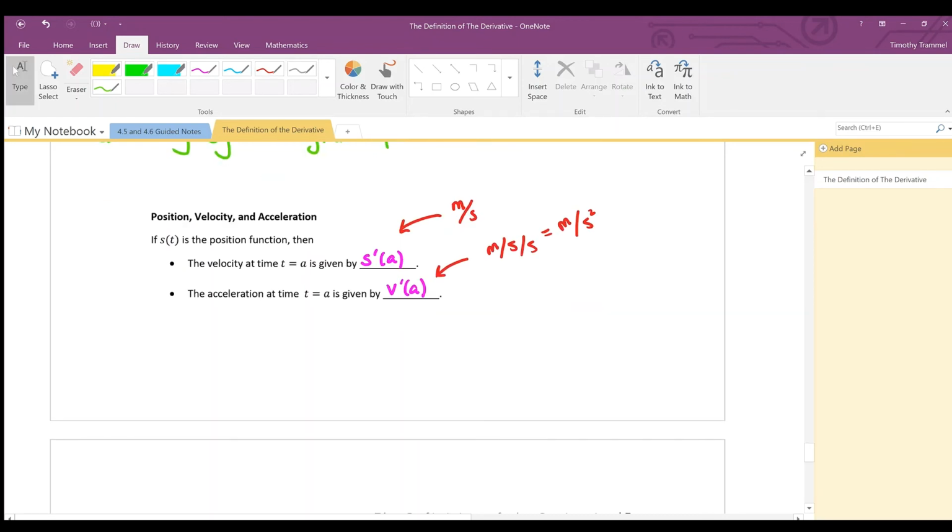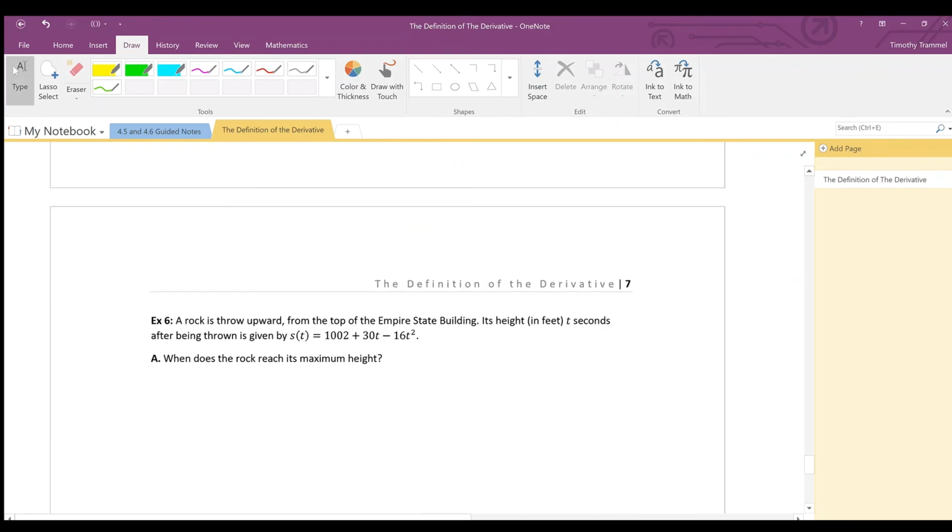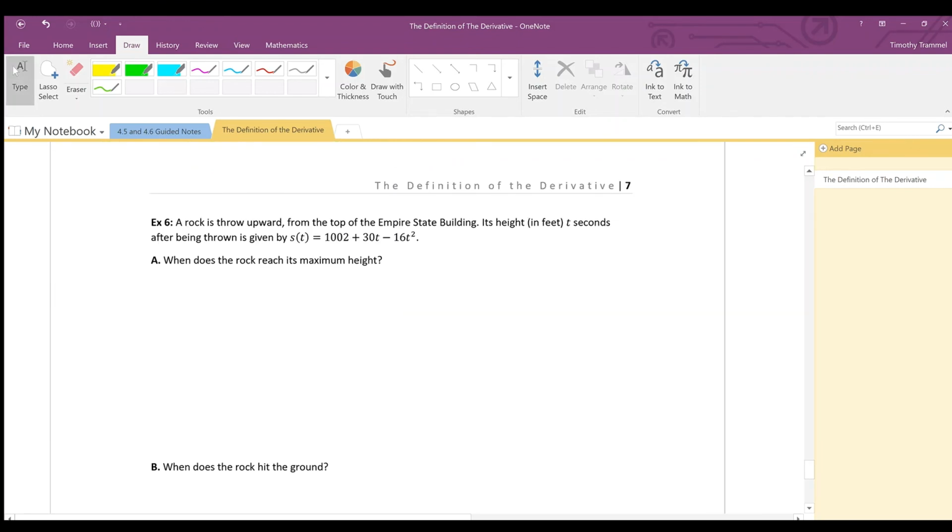Let's go ahead and do an example. Example 6, a rock is thrown upward from the top of the Empire State Building. Its height in feet t seconds after being thrown is given by s of t equals 1002 plus 30t minus 16t squared.